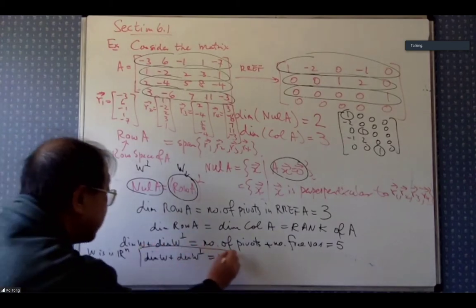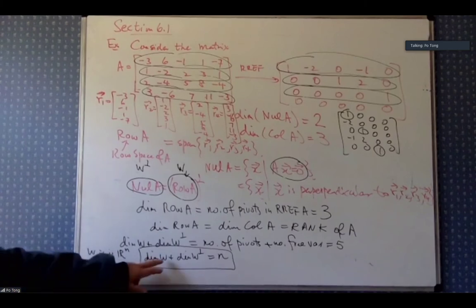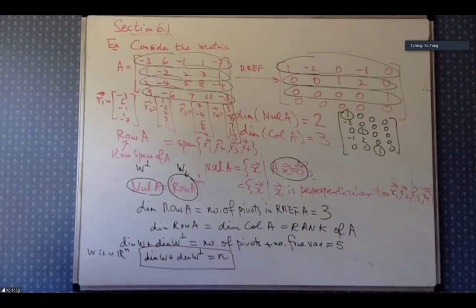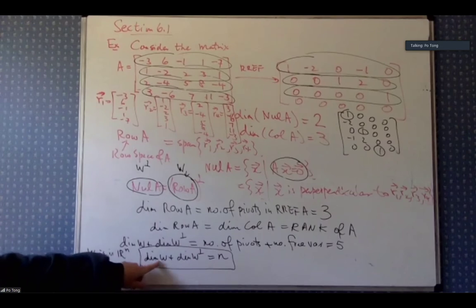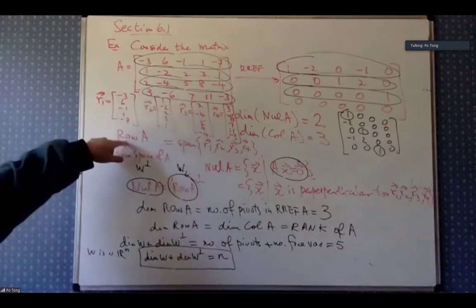I'm trying to establish this formula. Yesterday I was saying that if you have a 5-dimensional space and one of them is 3-dimensional, the other one is 2-dimensional. Hopefully I explained why we have this formula, but it's really through the concept of row space.